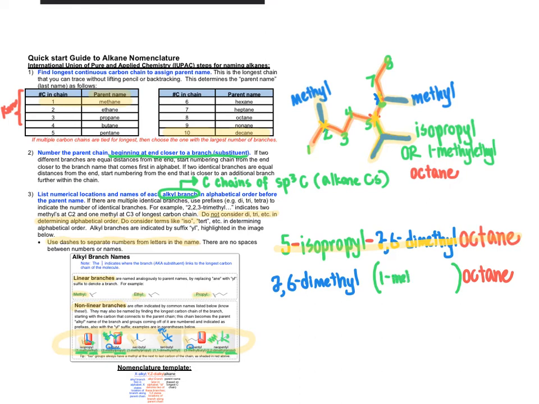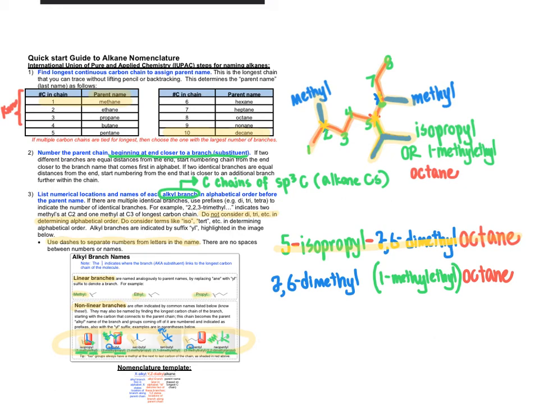So we do 1-methyl ethyl with all of that in parentheses to indicate that the 1-methyl ethyl group is all a branch, that is not some weird branch coming off of carbon number 1 of the longest carbon chain or something like that. Instead, when it's in parentheses, that means that we have an ethyl branch, and at position 1 of that 2-carbon branch, we have a methyl group coming off of it.